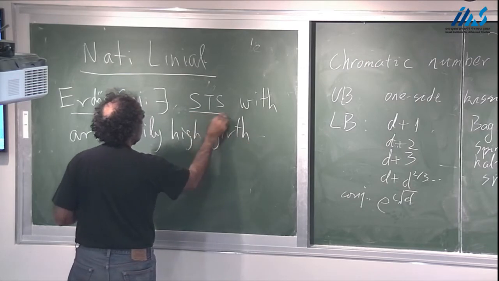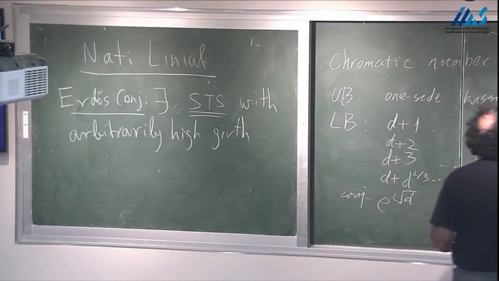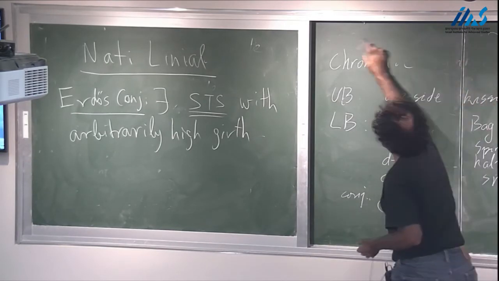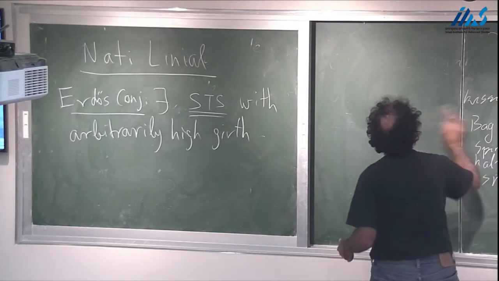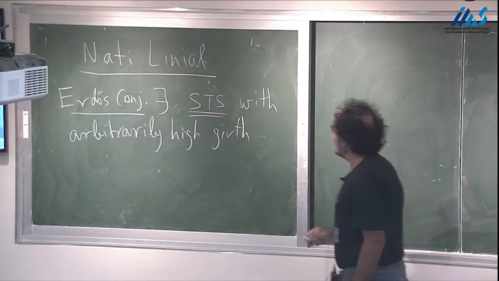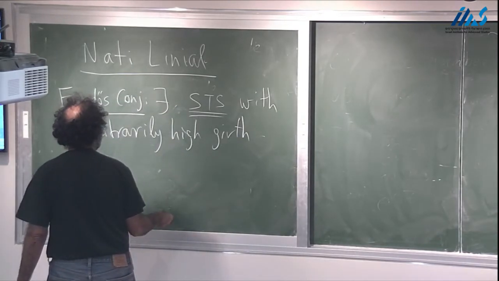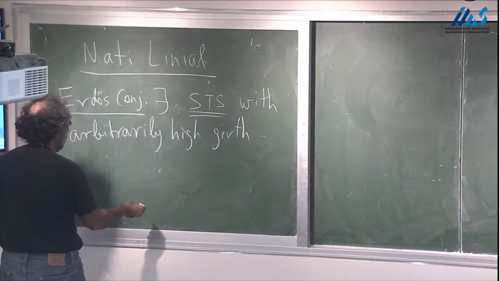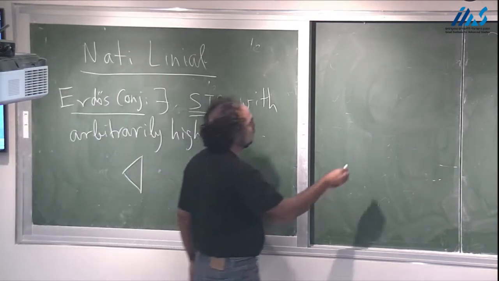I will not dwell on this, because even if you didn't hear this series of talks by Peter Keevash, I'm actually going to speak about something easier. The main thing that I want to define is what is meant by girth here. So this is a 3-uniform hypergraph. How do you quantify what girth is? Think about what girth in a graph means.